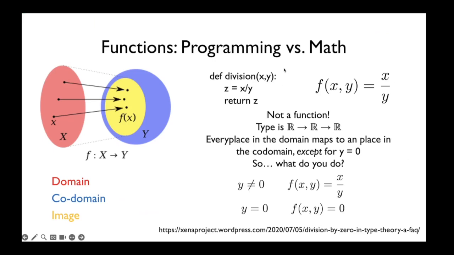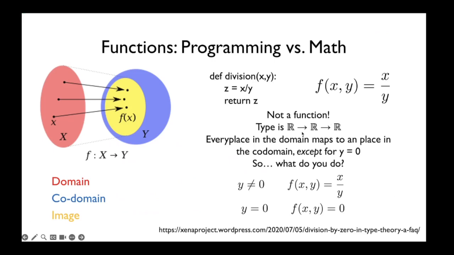And this is another example that I wanted to just bring up to help illustrate something. I could have slid this into lecture 5, but here is another illustration of this. And this is another thing where it's not a function if you're looking at it from the math perspective. This is a type real to real to real.